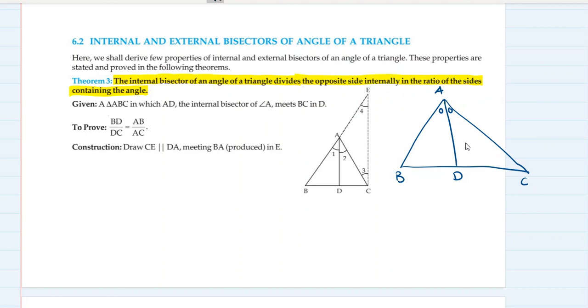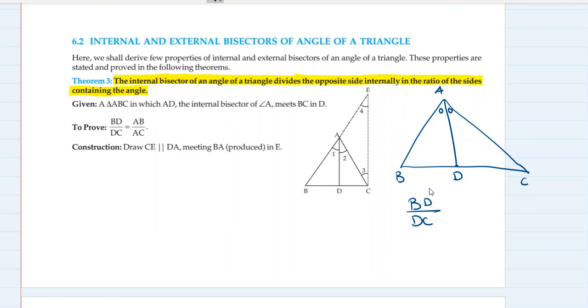Internal bisector means the bisector which is bisecting the internal angle. It divides the opposite side internally in the ratio of the sides containing the angle. So which is the opposite side? The opposite side is BC. So side BC is being divided. How is it divided? BD upon DC.